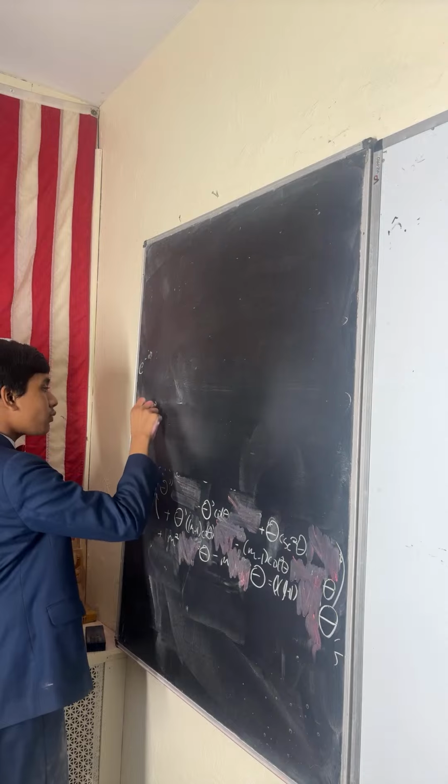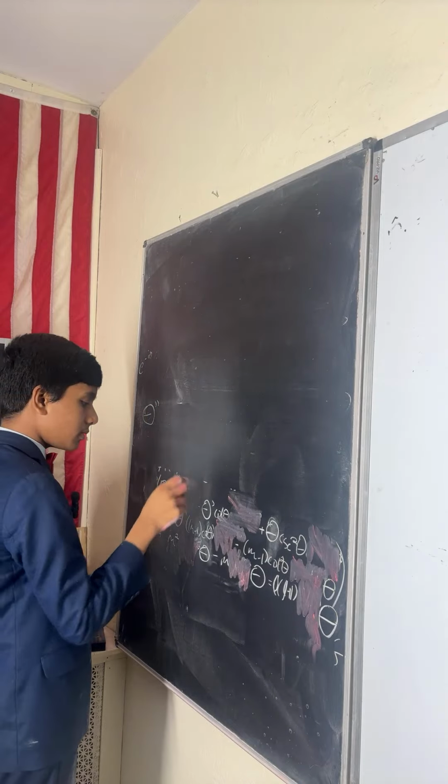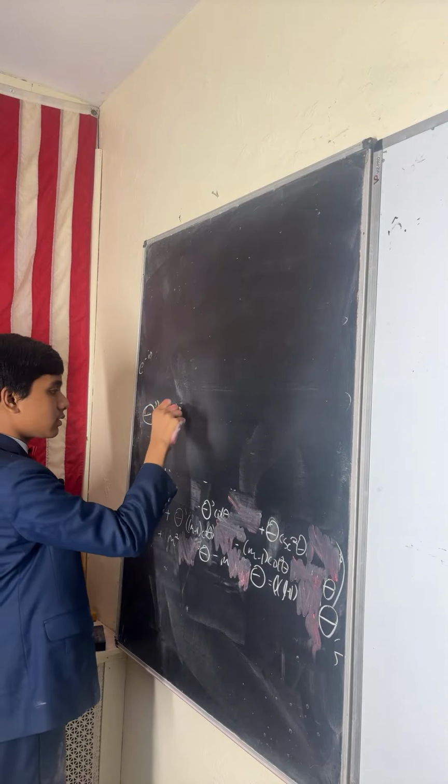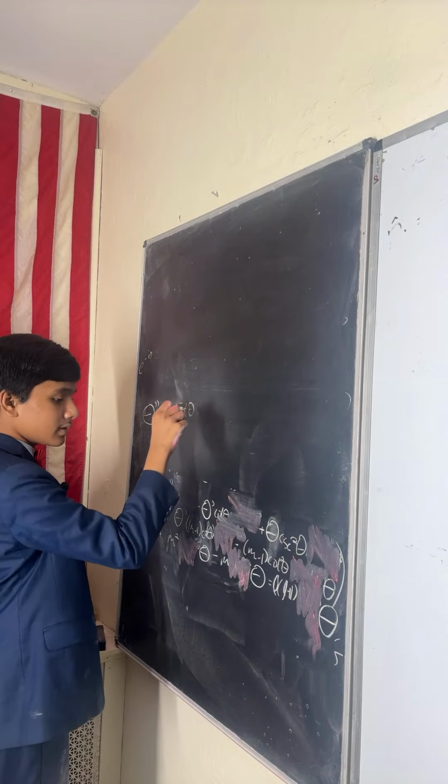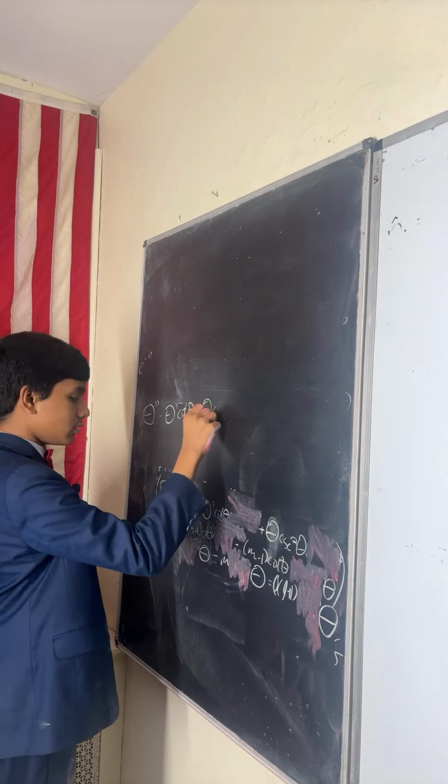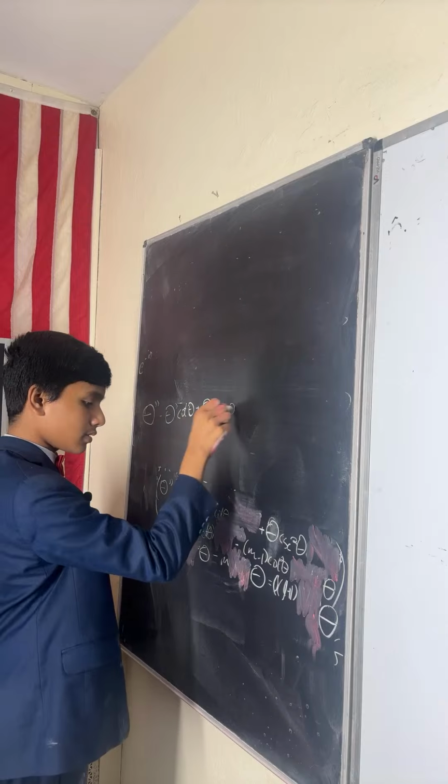We get theta double prime minus theta prime cotan theta plus theta cosecant squared theta.